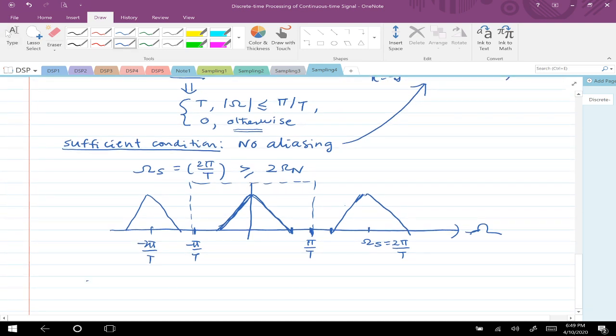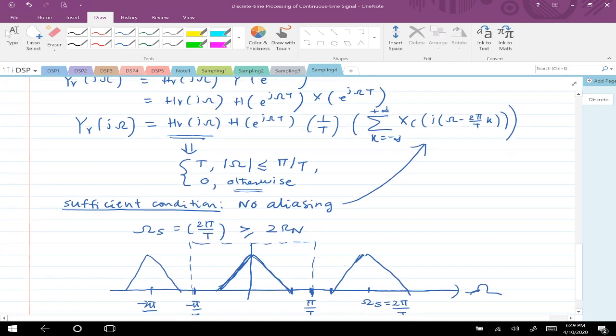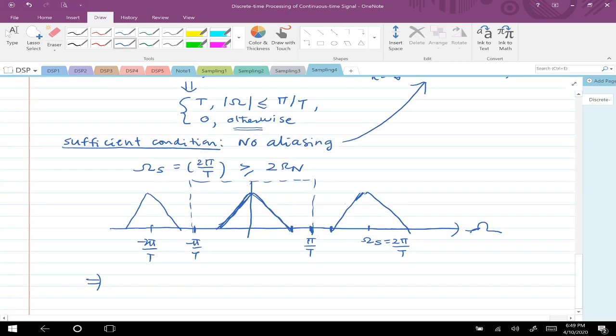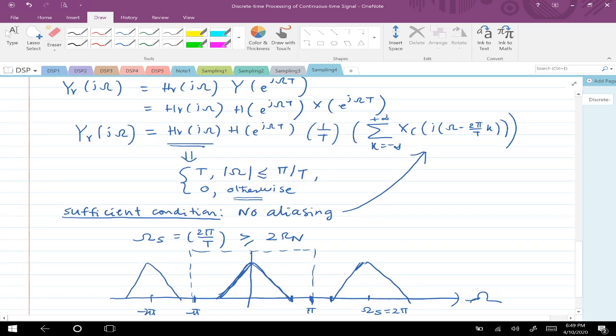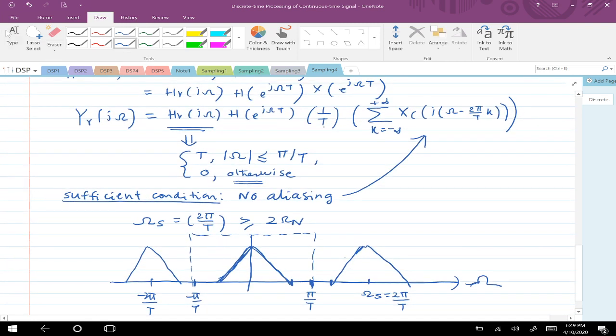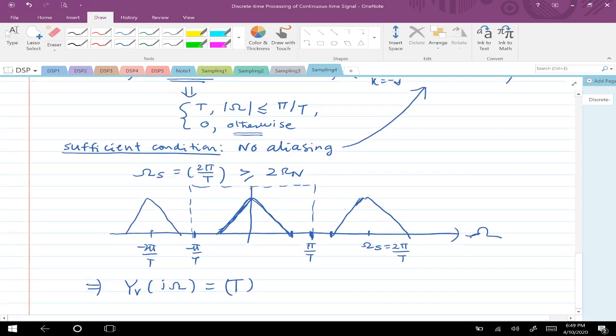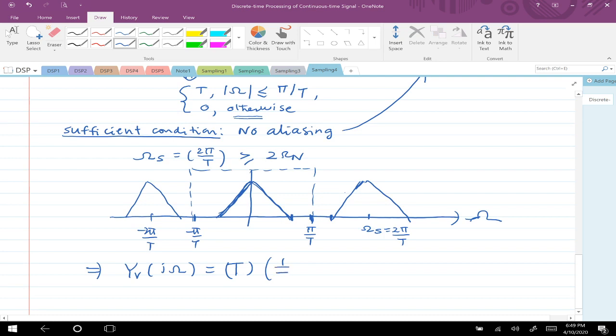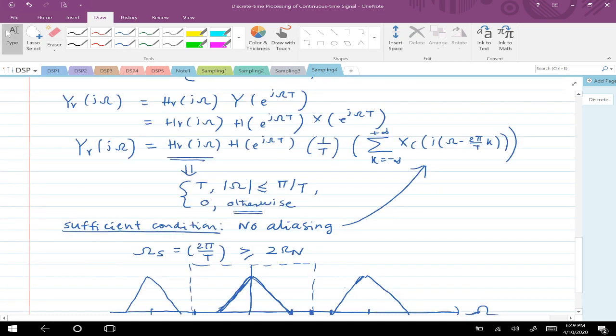So that means when there is no aliasing, I could write Yr of j omega is equivalent to Hr of j omega, which is T here. Let me then write first this 1 by T. Let me write it first, 1 by T, and what else is there?